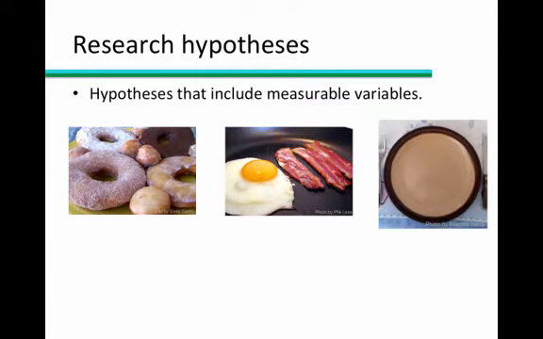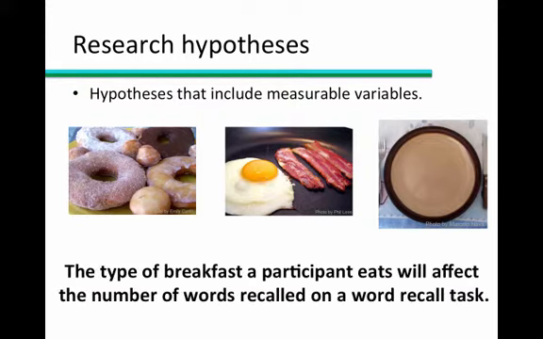We could restate our research hypothesis as the type of breakfast a participant eats will affect the number of words recalled on a word recall task. Notice in this case that we didn't specify which group would do better than the others. We just said that they would be different, and that is okay.